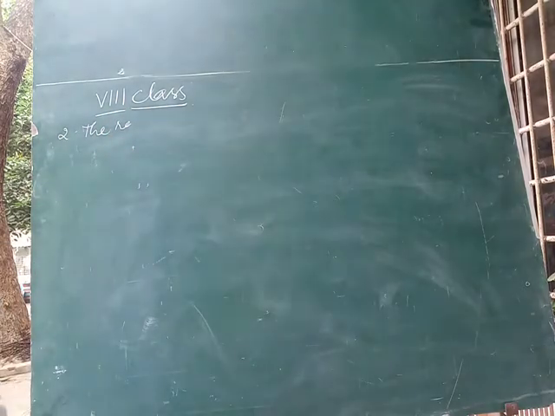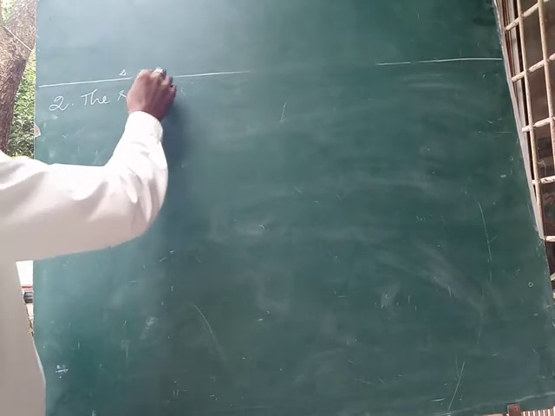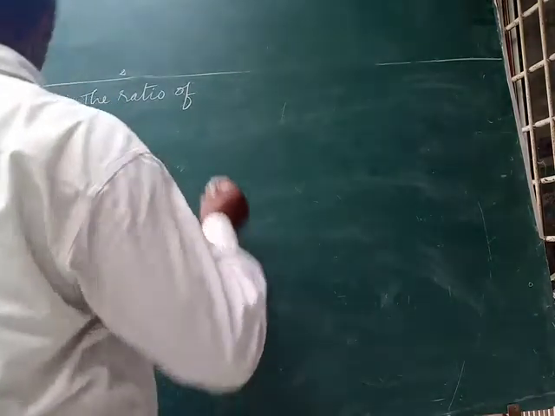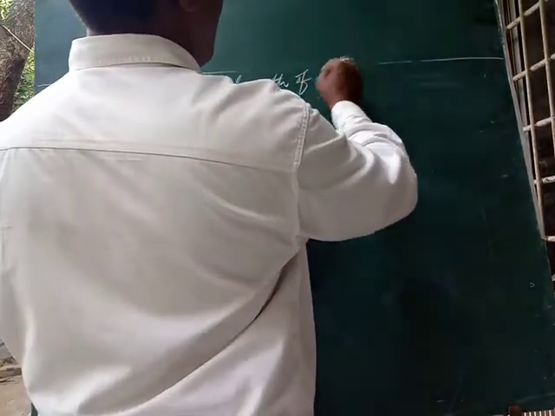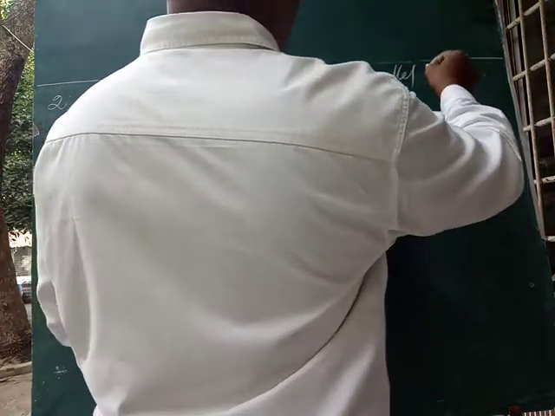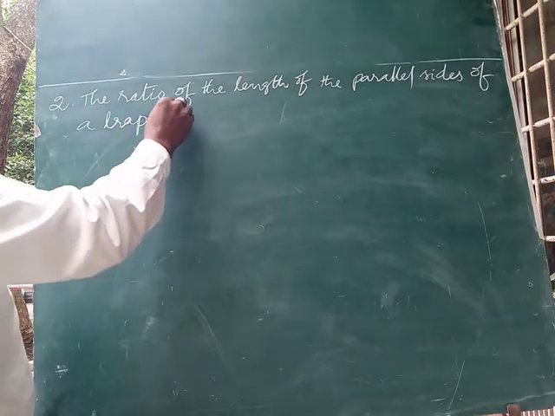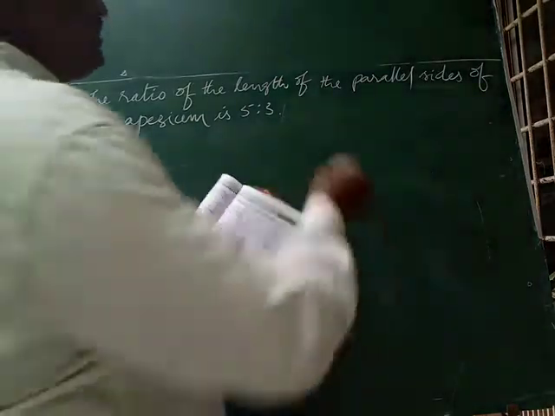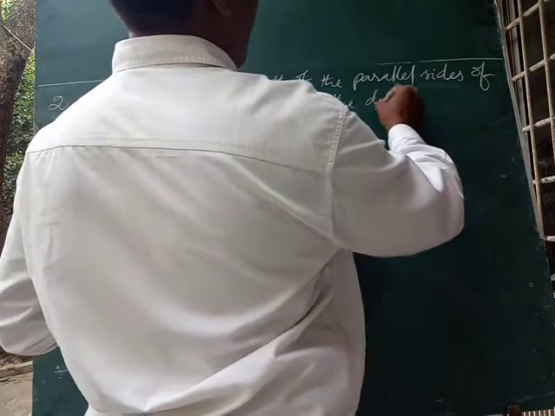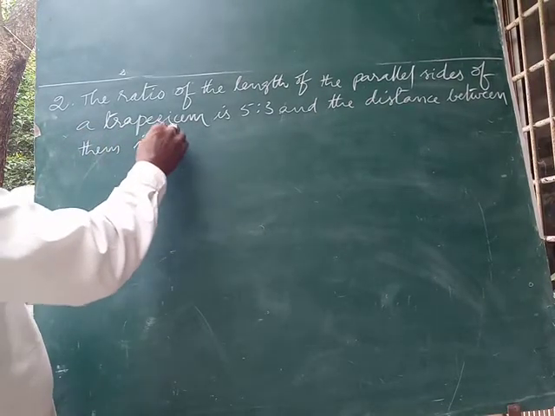The ratio of the length of the parallel sides of a trapezium is 5:3, and the distance between them is 16 centimeters.